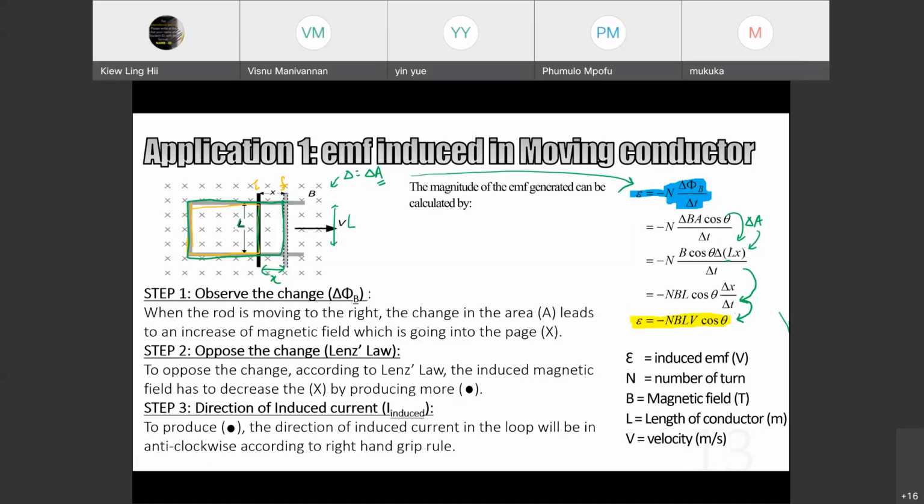For a moving conductor or moving rod like this, you have to use NBLV cos theta. B stands for magnetic field. L refers to the length of the conductor, which is here. V is the velocity of the movement. How fast does it move?